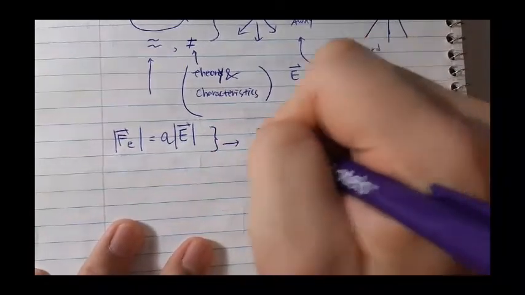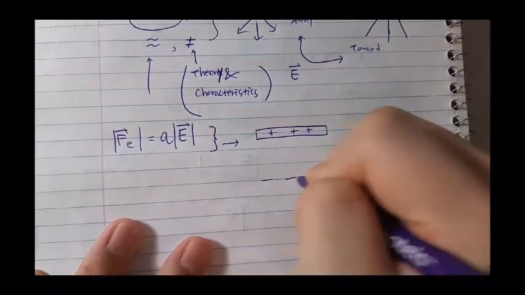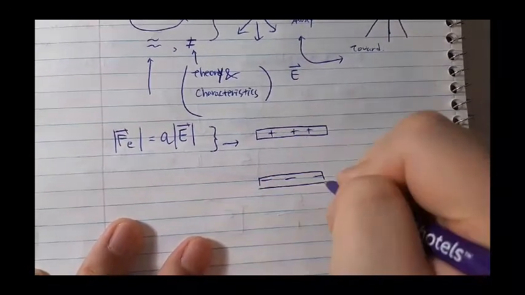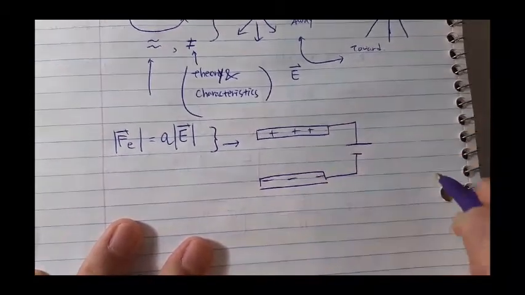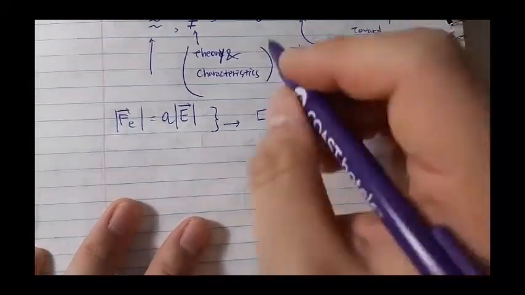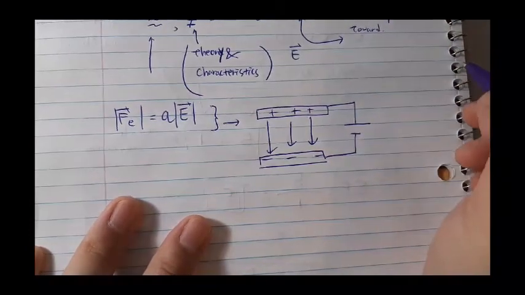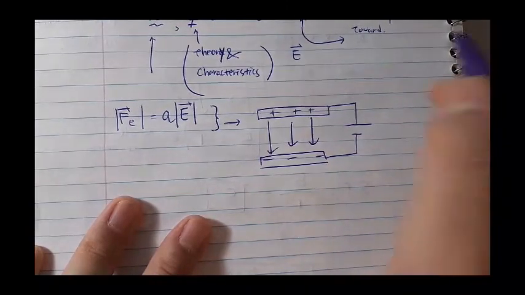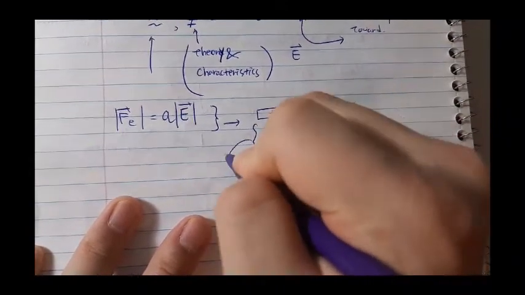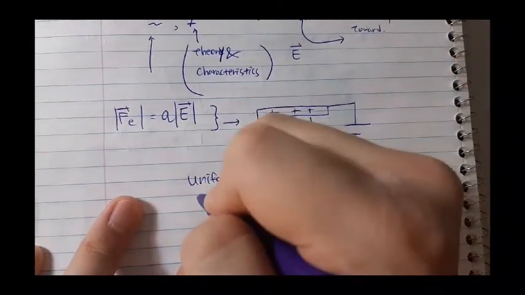We generally use these two when we talk about parallel plates. Why? Because the electric field direction is always going like this, up to down, and the electric field is uniform between the different electrodes.